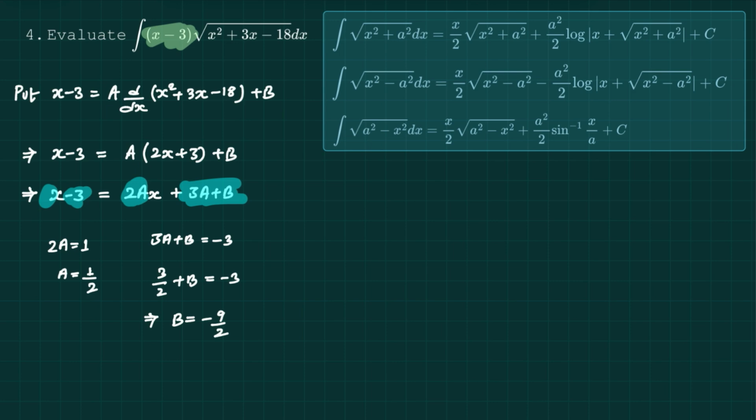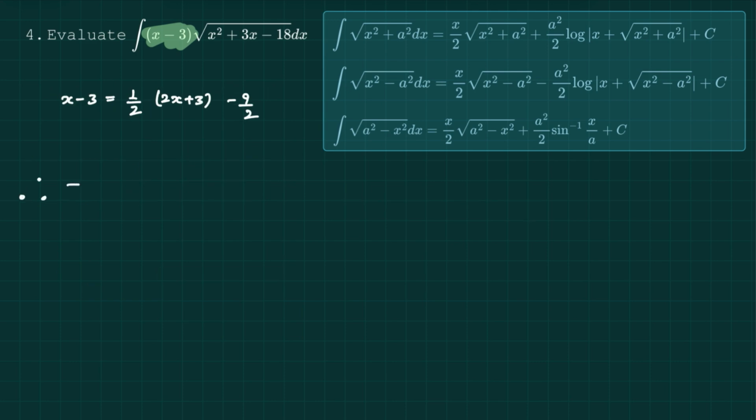Now let us put this value in this equation. So we will have x minus 3 equals 1 by 2 into (2x plus 3) minus 9 by 2.